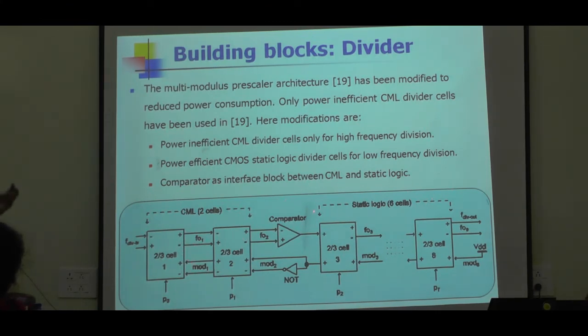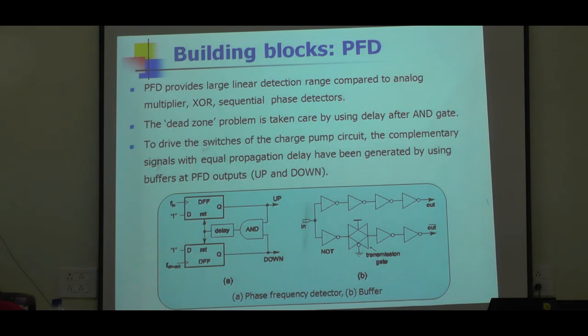Current mode logic is always power consuming, but it will be faster. After that, when the frequency drops to megahertz regions, then you switch to the normal CMOS static logic. So that is another skill you can incorporate to optimize the power consumption. Okay, so these are some of the tricks I am mentioning.